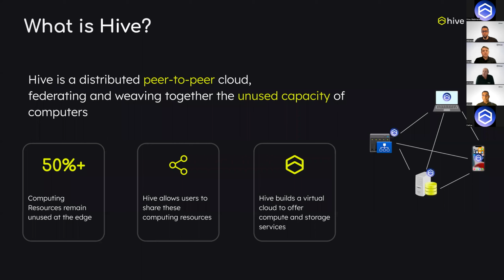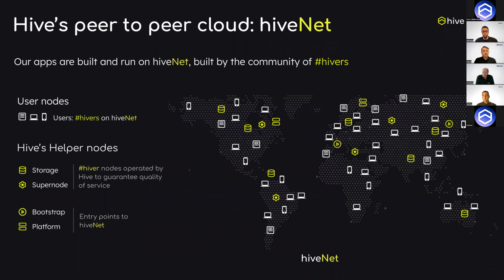Let's now see what is hiveNet. hiveNet is the name of our cloud infrastructure. It is built by our user community. We call our users Hivers. This infrastructure relies mostly on the resources that you, our users, share.